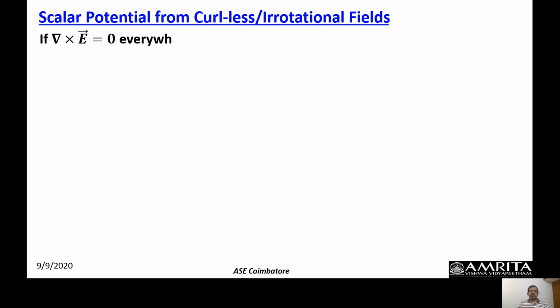Here I have written E, and if the curl vanishes everywhere, then that vector function can be represented by the gradient of a scalar potential function. That is exactly what is written.